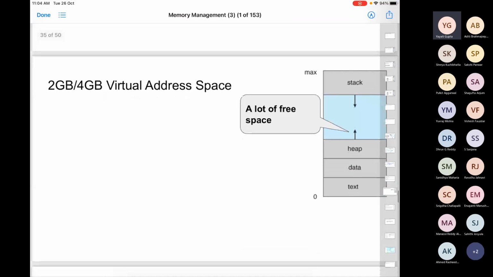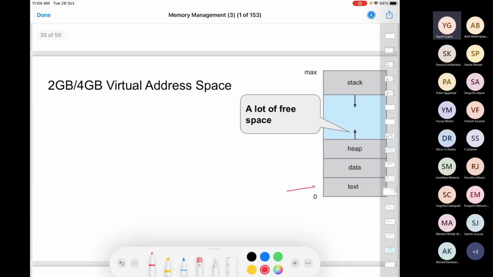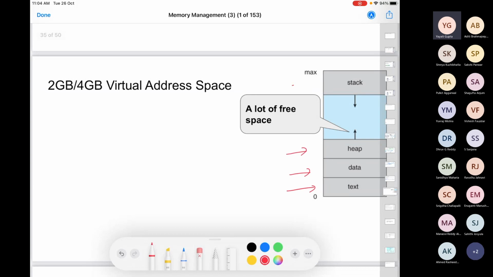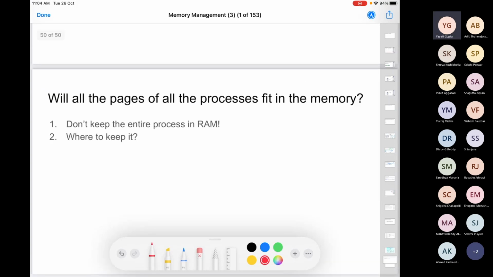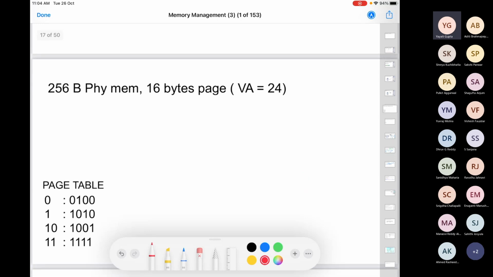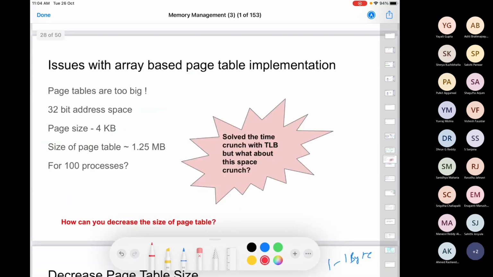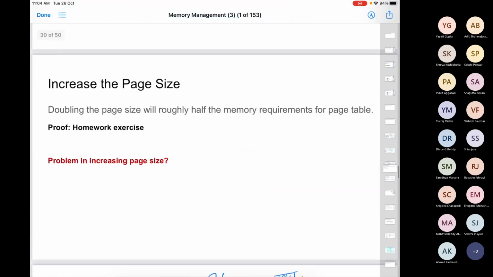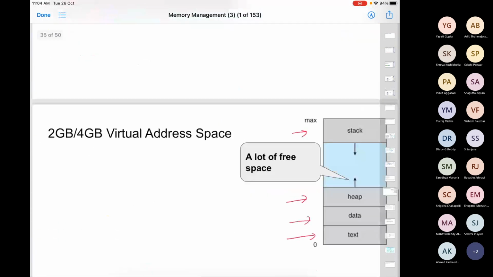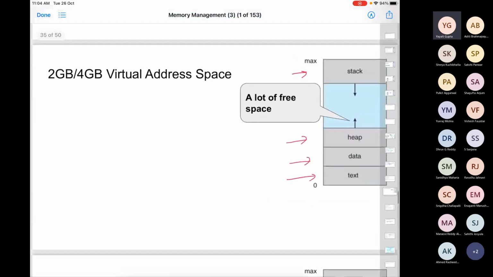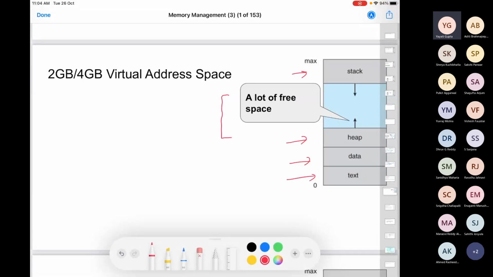If you look at a process, it looks something like this, right? These are the different portions. So you have text, data, heap, and stack. If you look at this memory, which this process is using for heap and stack, it's not being utilized always.